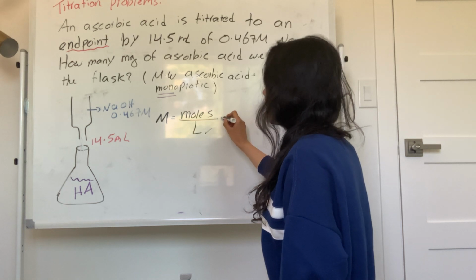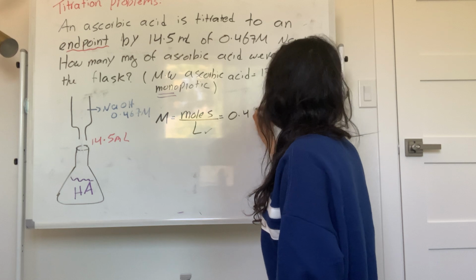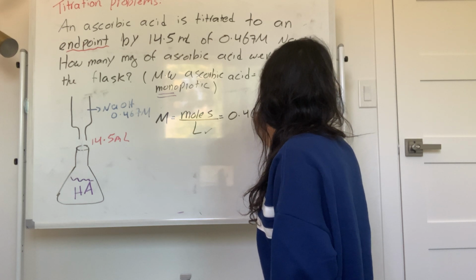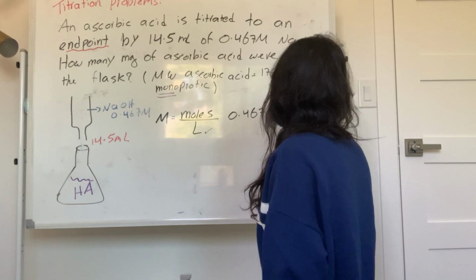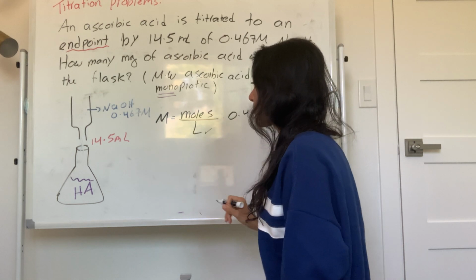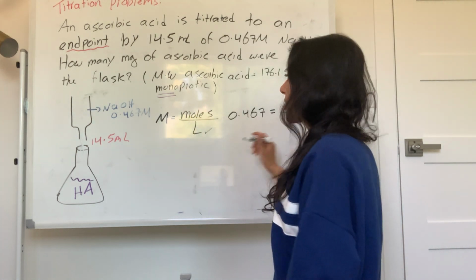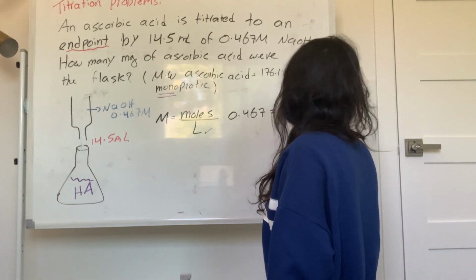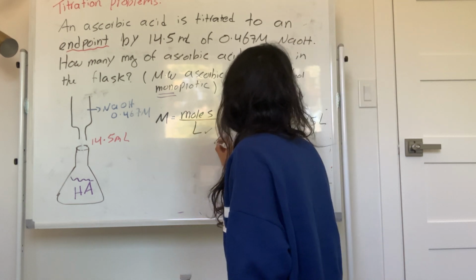So the molarity of NaOH is 0.467 equals, I don't know the moles, but I know the volume. I added 14.5 milliliters. Molarity is moles per liter, so you have to have liters, so it will be 0.0145 liters. You follow me so far?